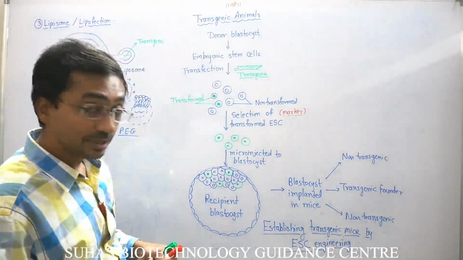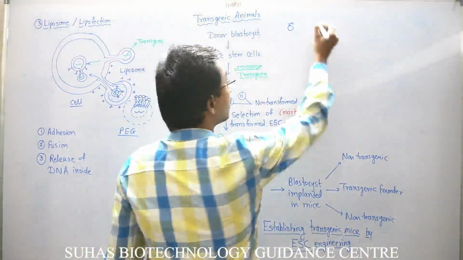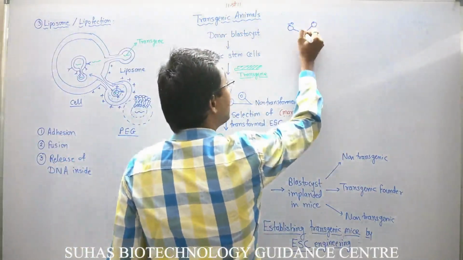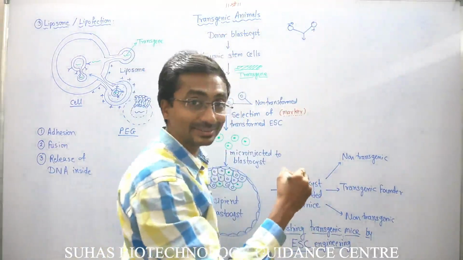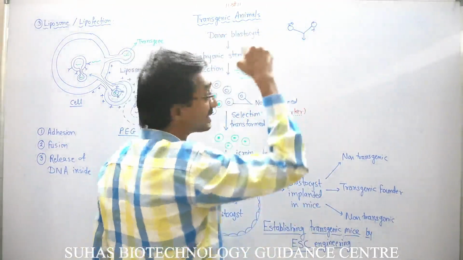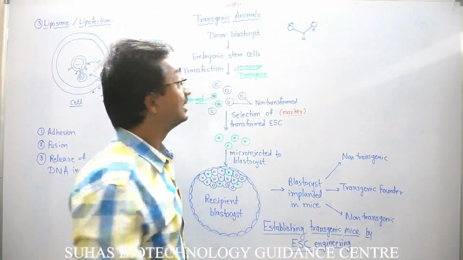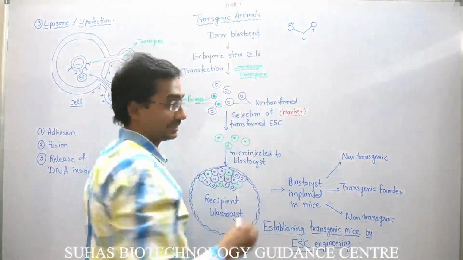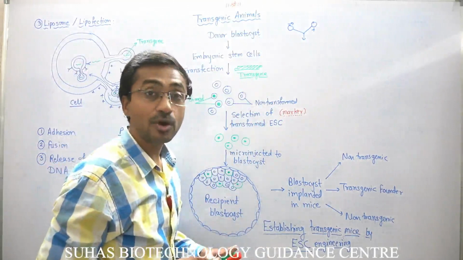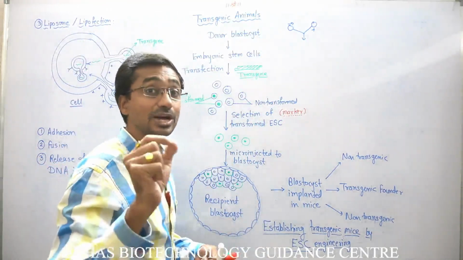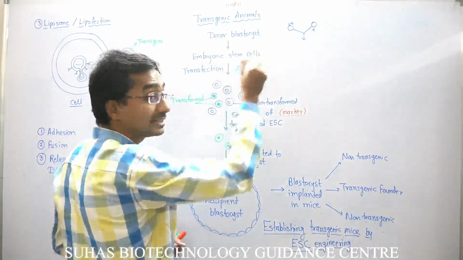Means what? There is a male and a female. Of course, mating will take place. After mating, the female will become pregnant, and from her blastocyst, we are going to remove certain cells. These cells in the blastocyst are embryonic stem cells, because they are stem cells which have the ability to form a complete individual.